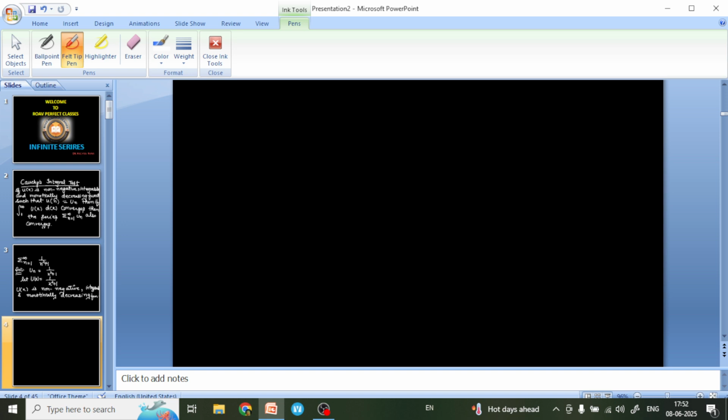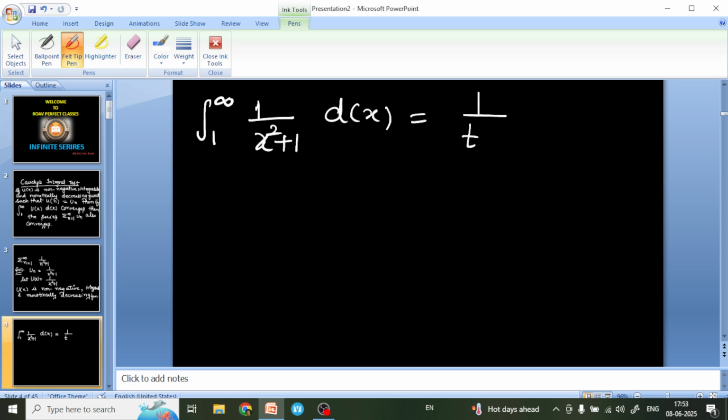Now consider the infinite integration of 1 over x square plus 1 dx.